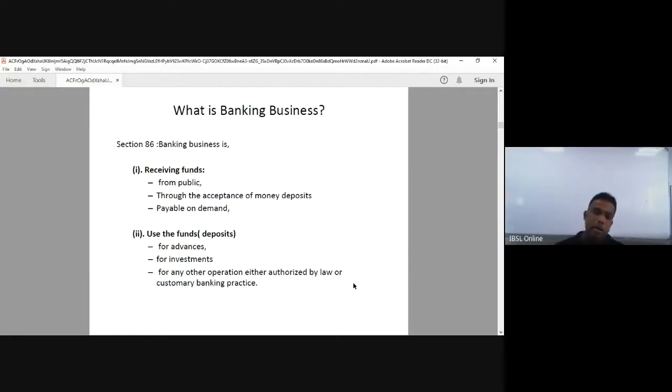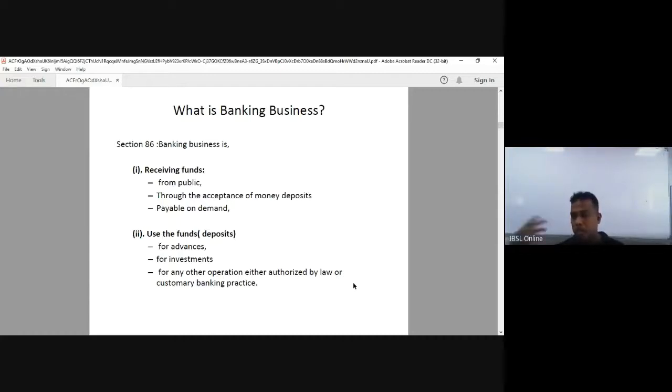So therefore, this is the definition given for the banking business in the Banking Act. You don't have to rely on any other definition. That definition is very clear. Under this, there are two parts of the business. Part number one is that you receive funds from the public.